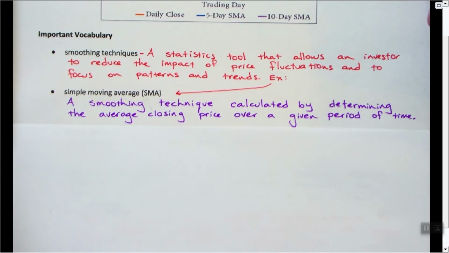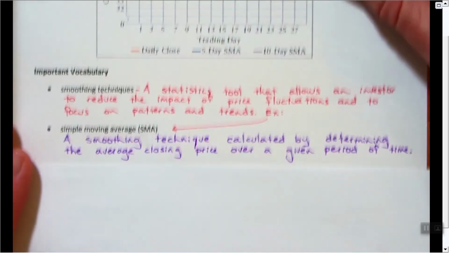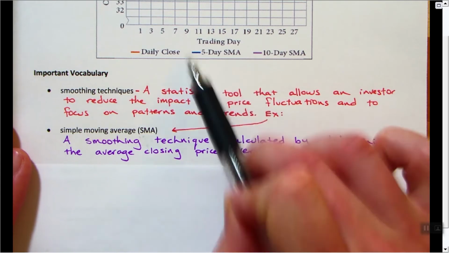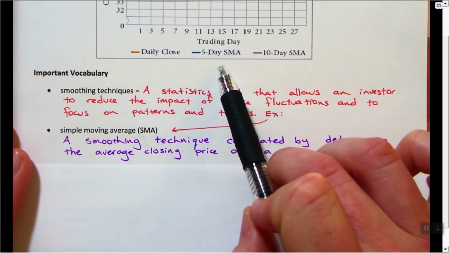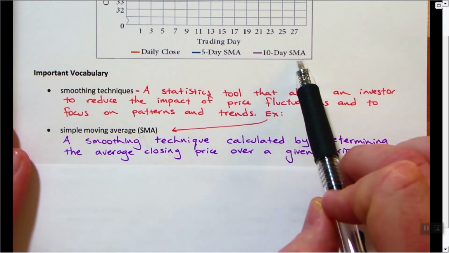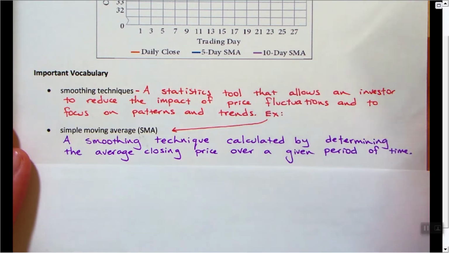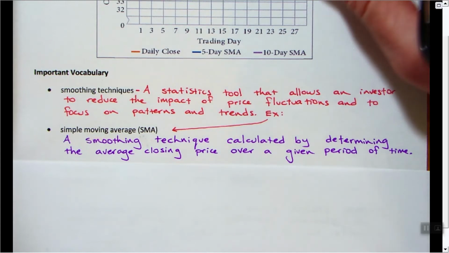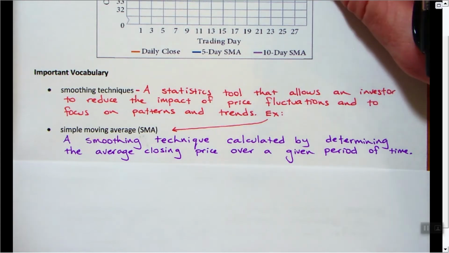Up here, we looked at a 5-day simple moving average, a 5-day running average, or this is a 10-day simple moving average, the average over a 10-day period. That period can be anywhere from 2, 3, 10 days, based on how smooth you want it, how much lag you're okay with, and how smooth you want the data. That's a simple moving average.